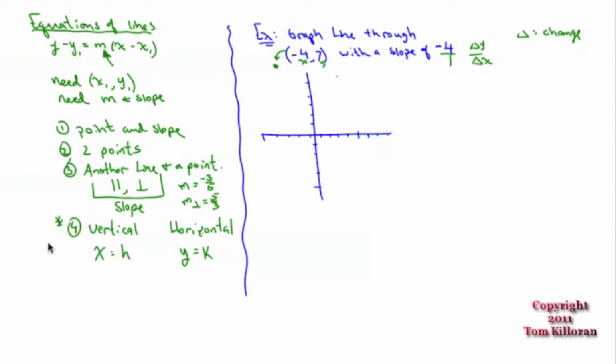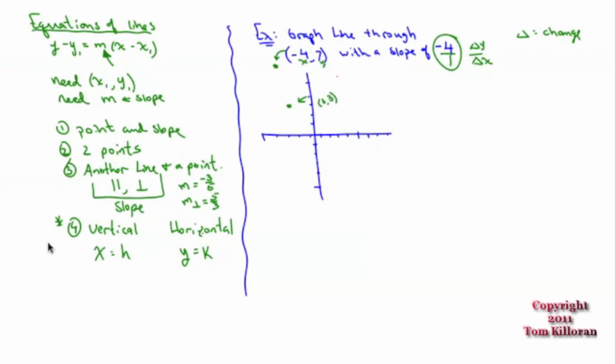Then you come over to the slope: the change in y is down 4, so from here you go down 4, and then over 1. It would land right about here. The coordinate of this point is 3, 3? Yeah, 3, 3.